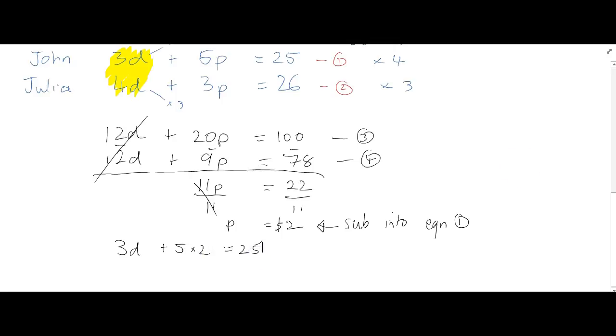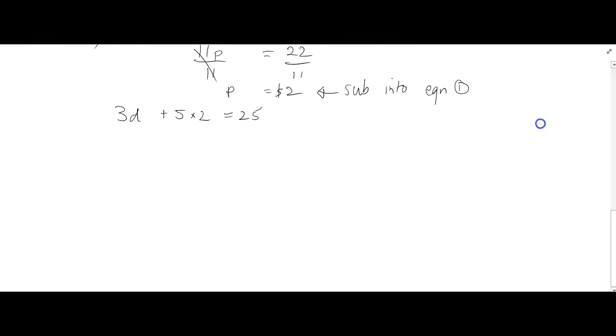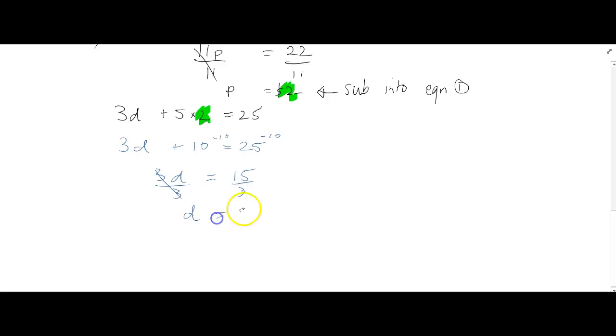That's my equation 1 with the P substituted for 2. So let's work that through. 3D plus 10 equals 25. Take away 10 from both sides. 3D equals 15, and divide by 3, that cancels out and becomes 5. Okay, so daffodils are $5.